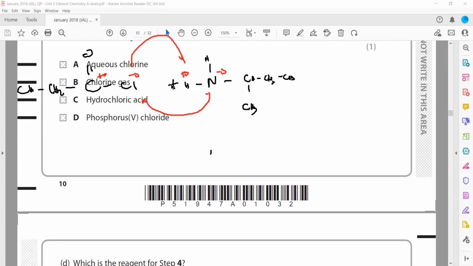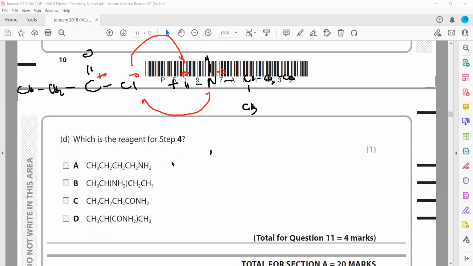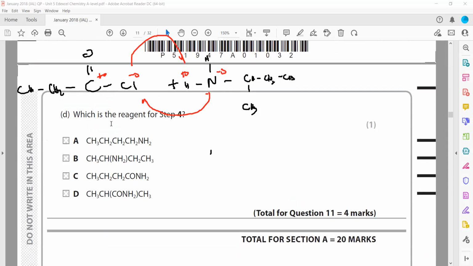Which structure matches this? NH2 is attached to the second carbon: this is the first, second, third, fourth. This one cannot be because it is not forming a linear chain. This one is right because NH2 is attached to the second carbon. Here NH2 is on an end carbon, so it won't work.